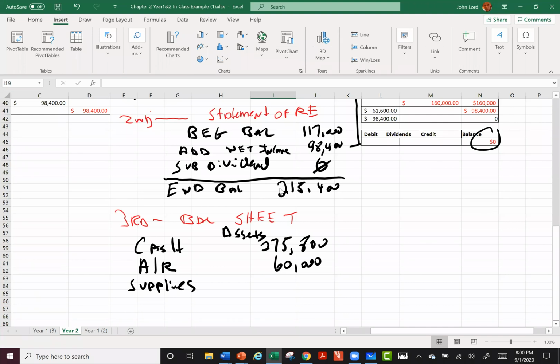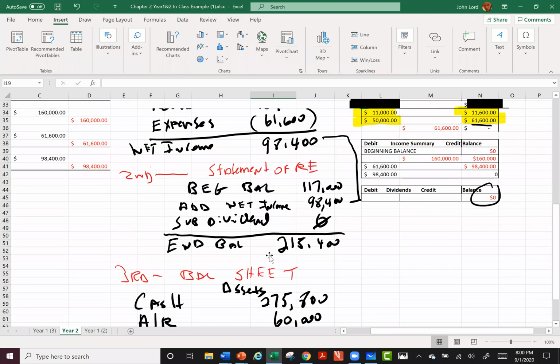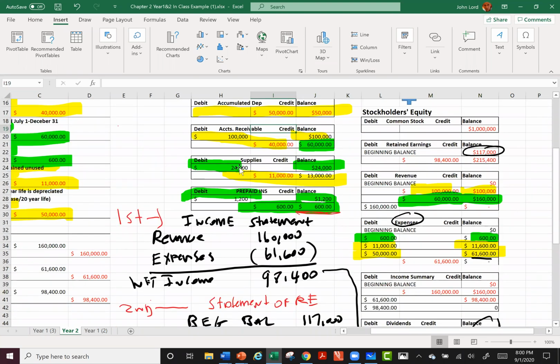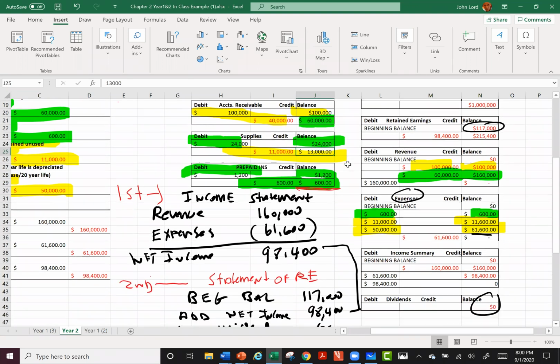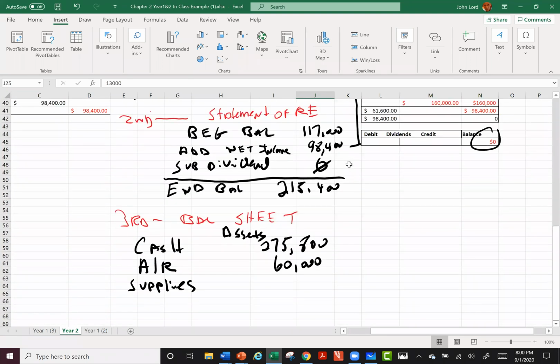Then we come over and we look and we have what? Some supplies. 13,000 of DJ wipes left. Is that an asset? Yeah. That's got future economic benefit. Supplies are 13,000.